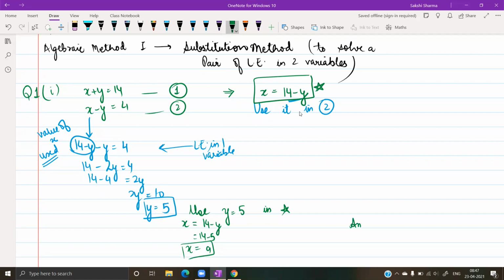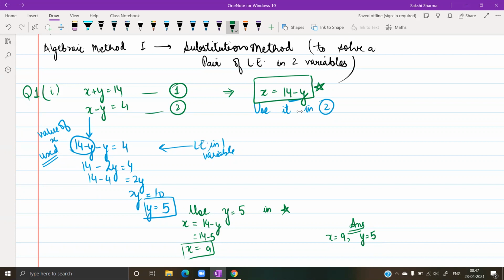So your answer will be the pair of values, x as 9, y as 5, and you can verify कि अगर हम ये values equations में use करें, either in equation 1 or in equation 2, both equations are satisfied. This is a way you can quickly cross check your answer.